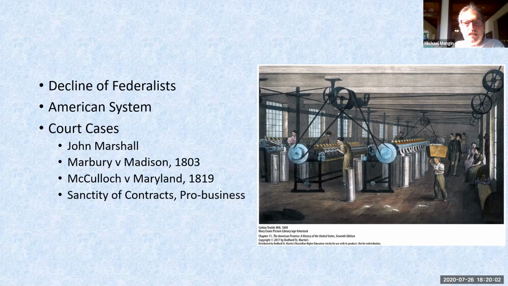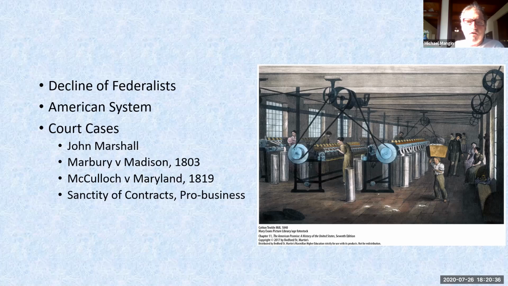These were all cases that were written by John Marshall, the most important Supreme Court Justice, Chief Justice in our history. And in Marbury versus Madison, Marshall articulated the notion of judicial review, that the Supreme Court can declare acts of Congress unconstitutional.